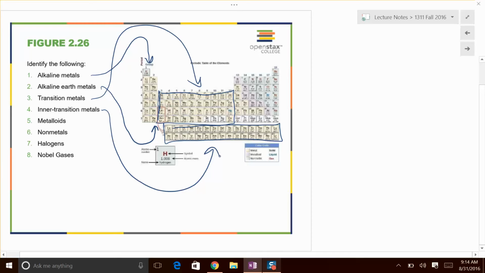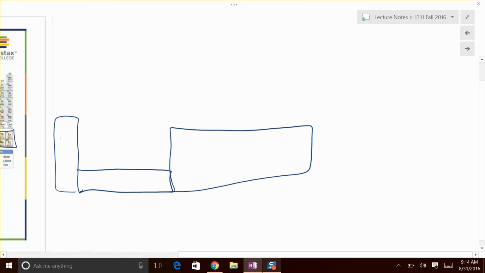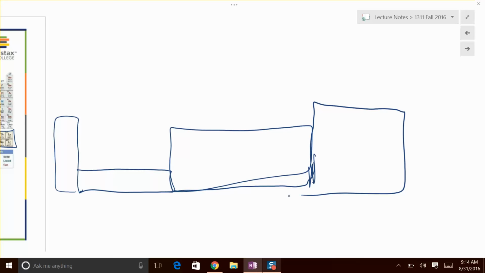This periodic table would expand way out and be really long, and you would have more of something that looked like this. That's what the periodic table would look like if I inserted those. It would expand it out like that.